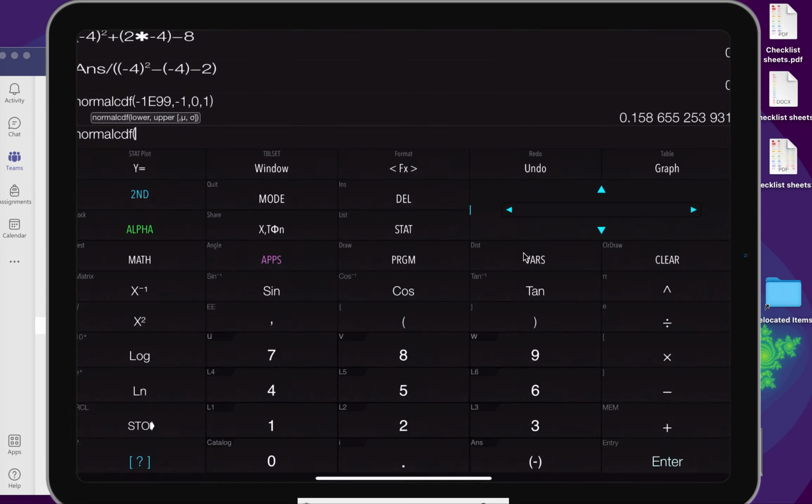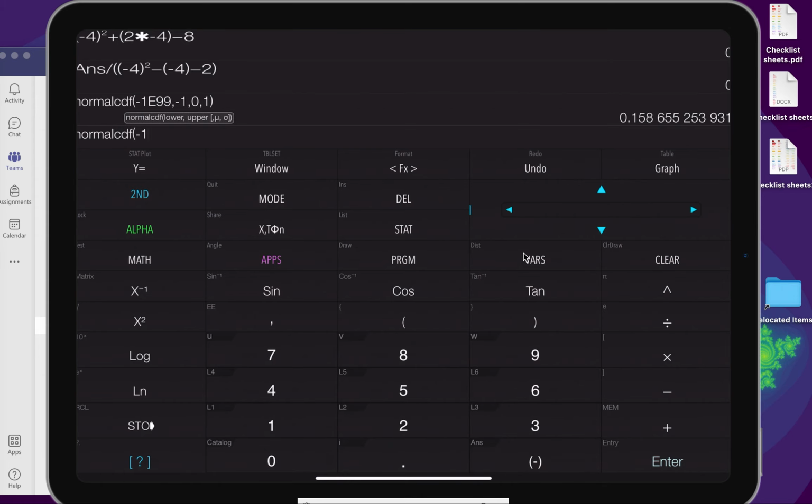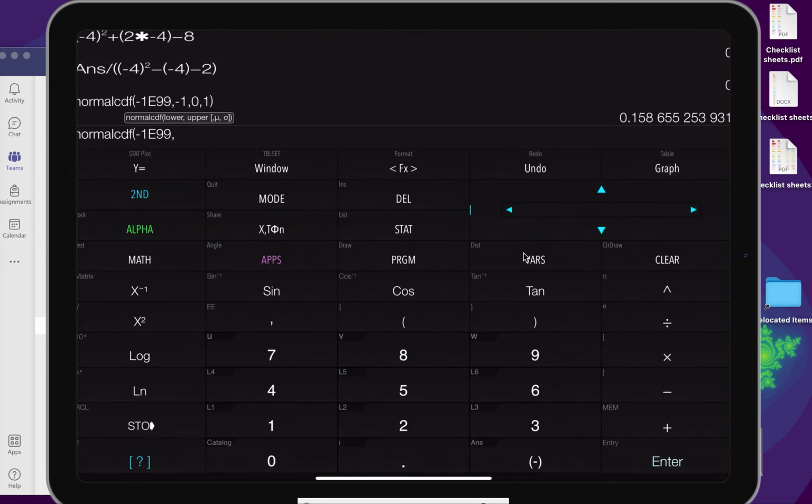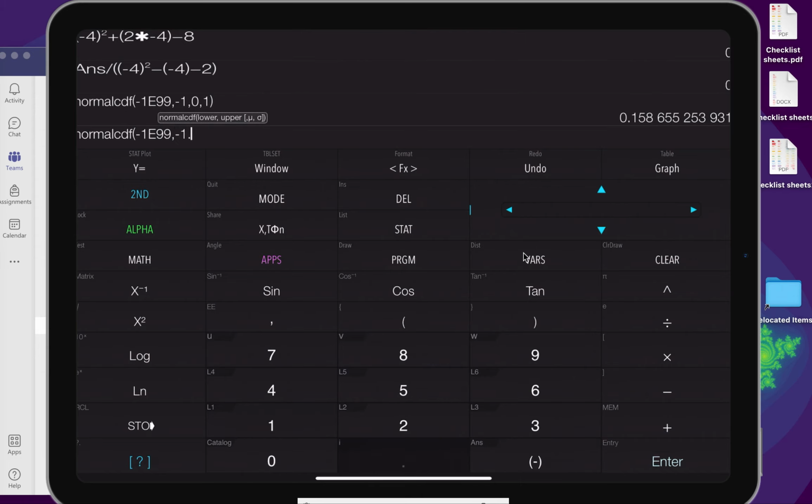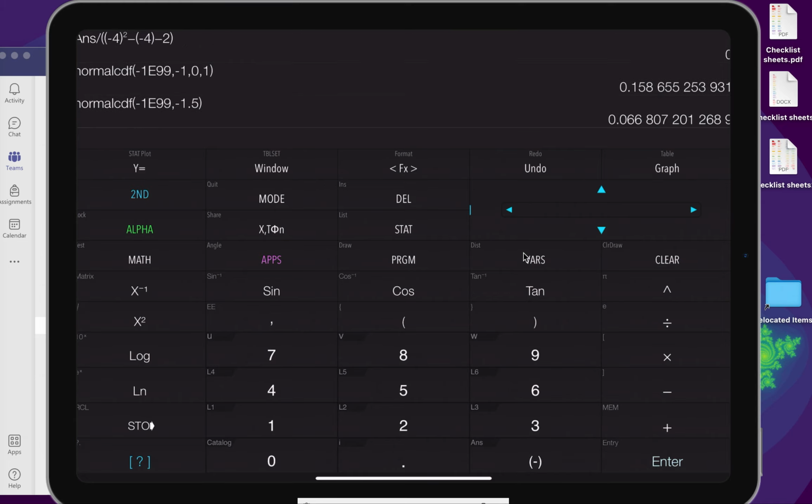And I want this to be -1E99 and -1.5. And I'm actually not going to do the mean and the standard deviation because it's going to assume that the mean is 0 and the standard deviation is 1 if I don't specify. And so I get 0.066.